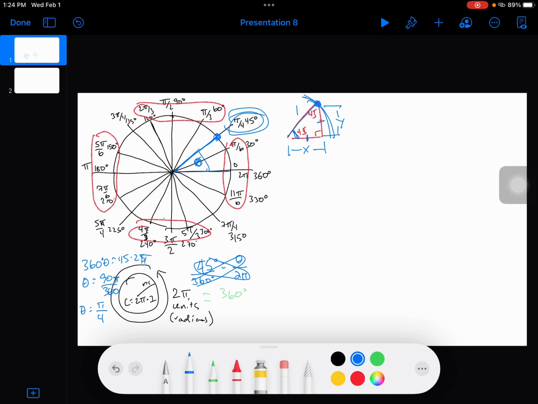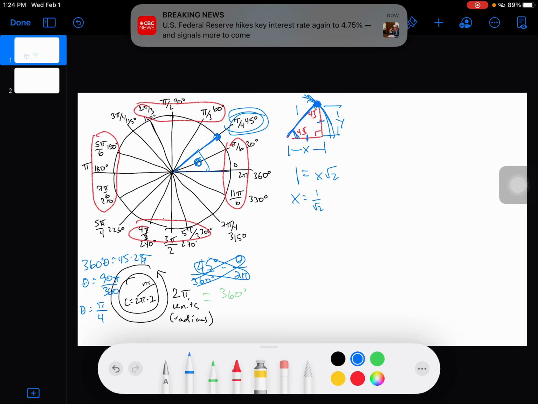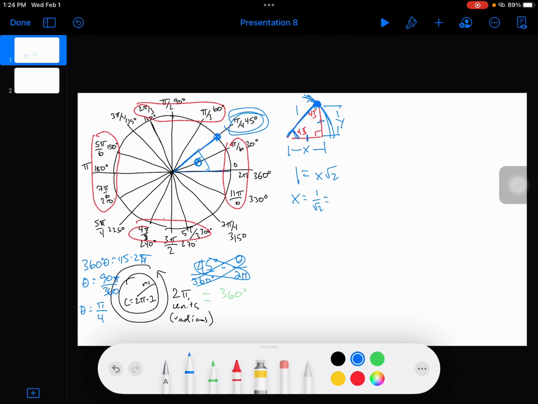So we know that we're 1 unit to that circle's edge there, but we don't know what we are on the x and the y, so we want to find an ordered pair there so we can calculate our trigonometric ratios. Well, if 1 is equal to x root 2, then we can just do some algebra. X is equal to 1 over root 2, and if we wanted to simplify or rationalize the denominator, that's root 2 over 2.